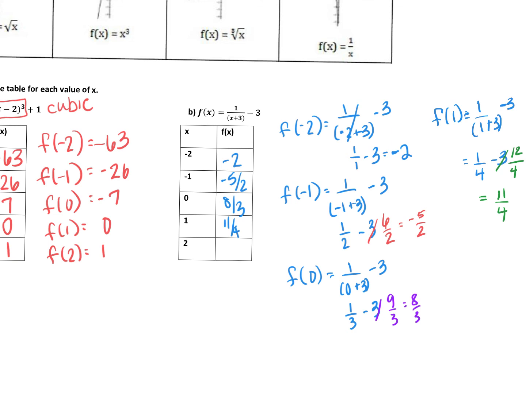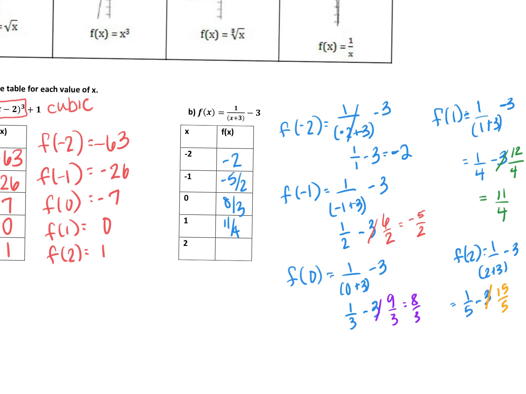And then finally, we need to do f of 2, which again is 1 over 2 plus 3, minus 3. And that's equal to 2 plus 3 is 5, so that's 1 over 5 minus 3. And again, converting to a fraction, we get 5 times 3 is 15, so it's 15 over 5.